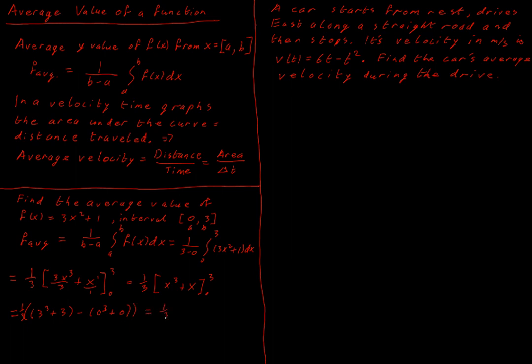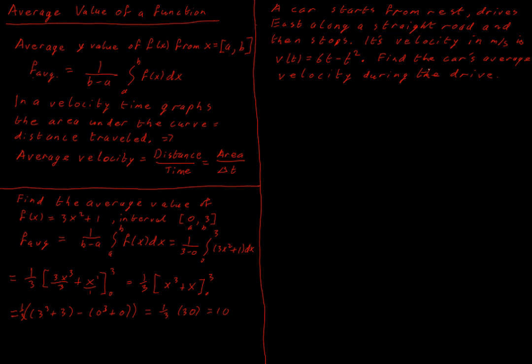And that gives us a third on 27 plus 3 is 30, which is equal to 10. So that is our average value for our function on the interval from 0 to 3. So this, again, would be an average y output for our function on the interval from x is 0 to x is 3.